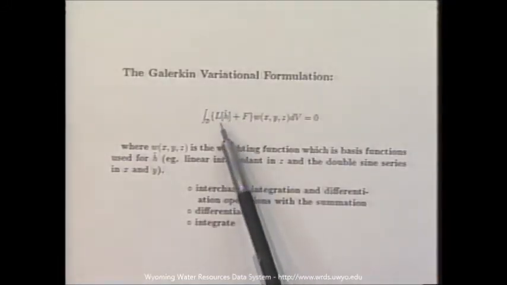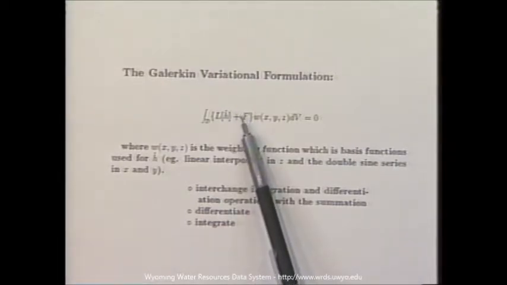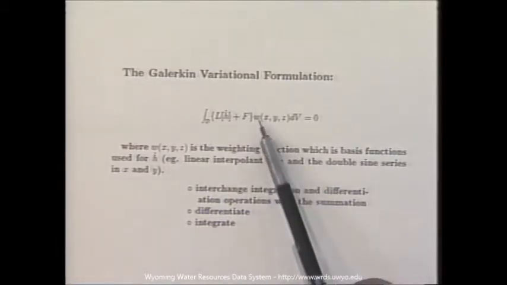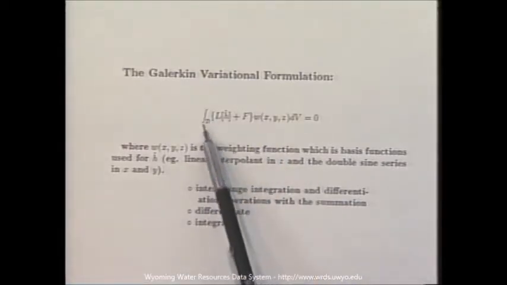I apply the linear operator to the approximating function that we've come up with. And this, of course, is our partial differential equation. I will multiply it by a weighting function and integrate over the whole domain and set it equal to 0. And what you will end up with is a linear system with the phi mnj's unknown.